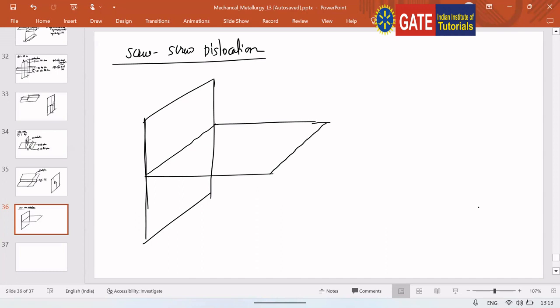Let's say B1 is in this direction, and B2 is in this direction. So this is slip plane 1, and this is Burgers vector B1. This is slip plane 2.